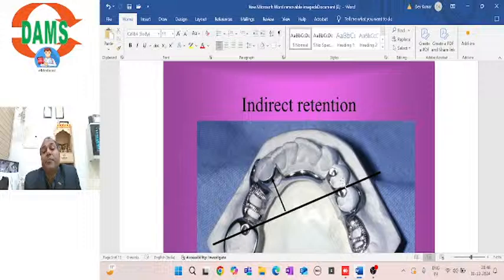Remember this. Okay. The very important point that I wish to make is that in the circumferential clasp there is a lot of decalcification. Circumferential clasp is based upon pull type retention.